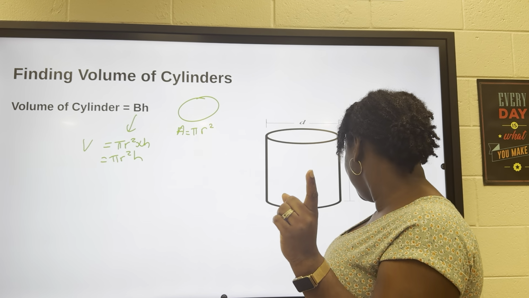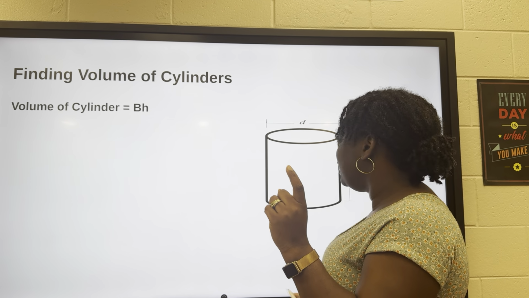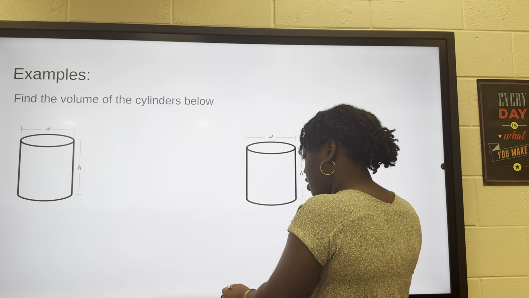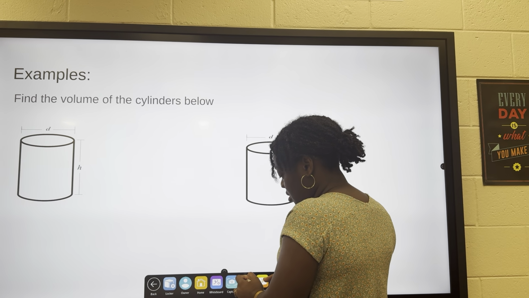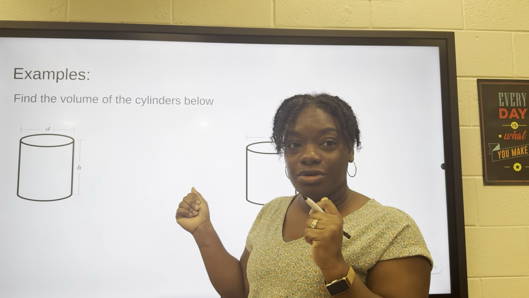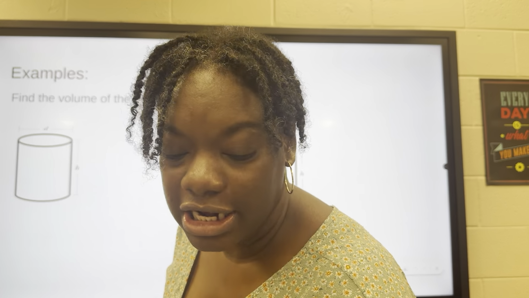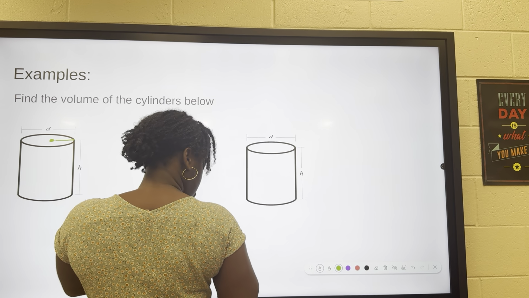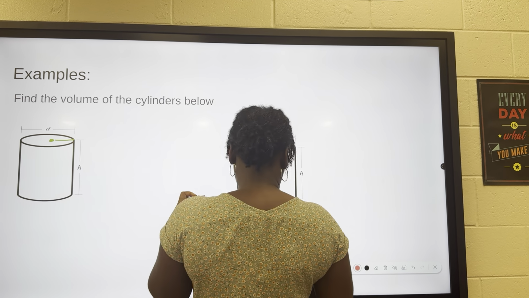Let's dive into it, knowing all of that. We're going to find the volume of some cylinders. Let's take the first one. I'm going to put my radius right here. Remember, your radius is half of your diameter.